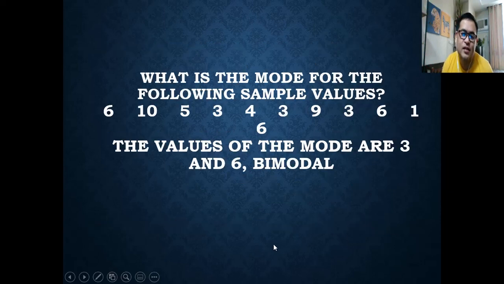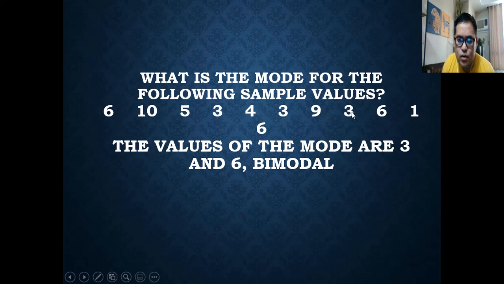What is the mode for the following sample values? We have 6, 10, 5, 3, 4, 3, 9, 3, 6, 1, and 6. If you look at it, 6 appears thrice: 1, 2, 3. And 3 also appears thrice.